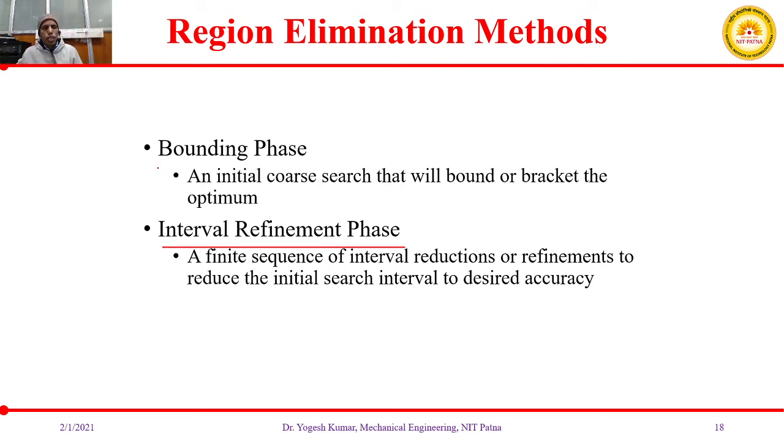So there are two phases. In the first phase we find a region in which your global optimum will lie, and after that, in the second stage, we do interval refinement of the region we found in the first phase.